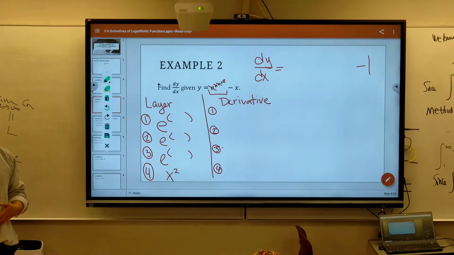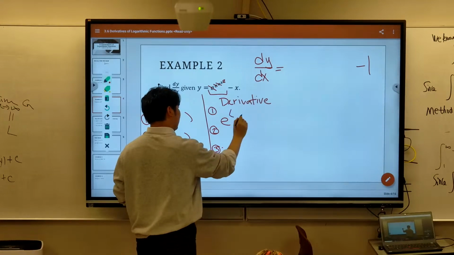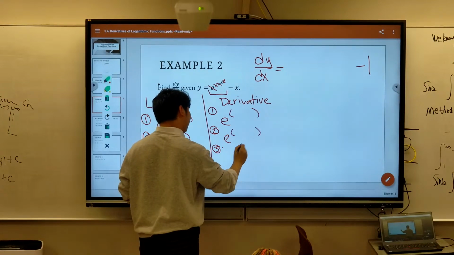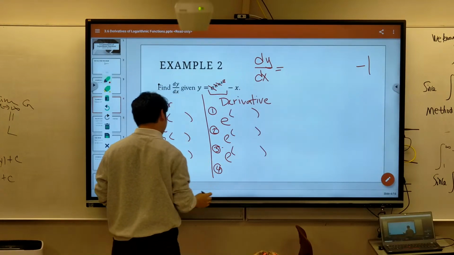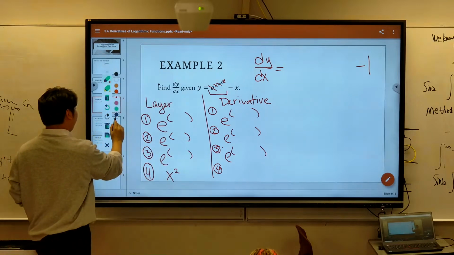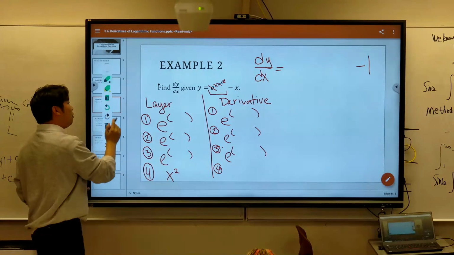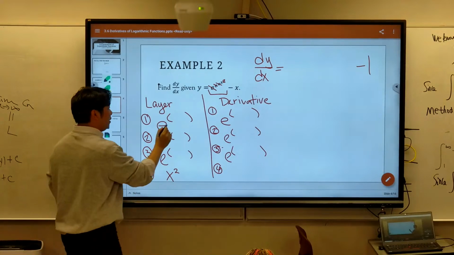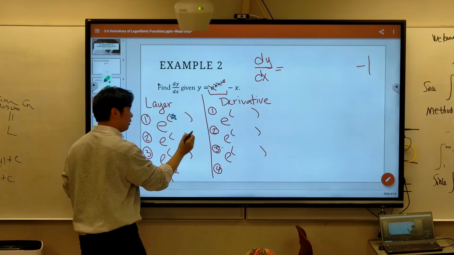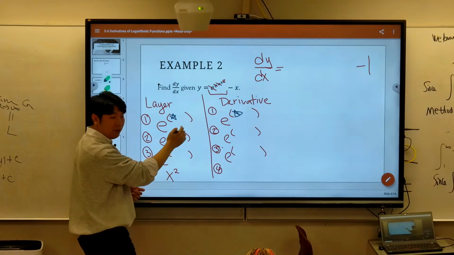1, 2, 3, 4. I listed 4 layers, so I need to get 4 derivatives. The good news is we know what the derivative of e to a power is. It's going to be e to the same power. E to a power, e to a power, e to a power. And just to very clearly make sure what we know is in each e, this was the outer layer. These are going to be the same whatevers.